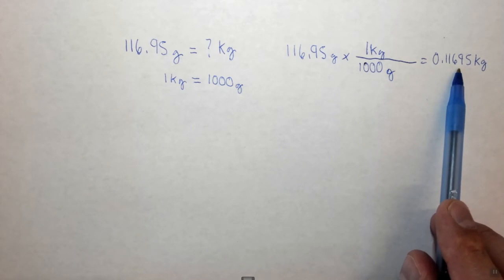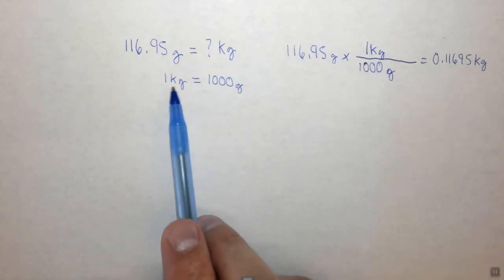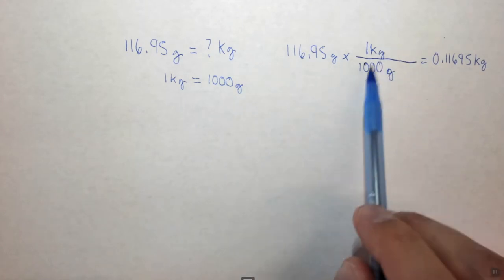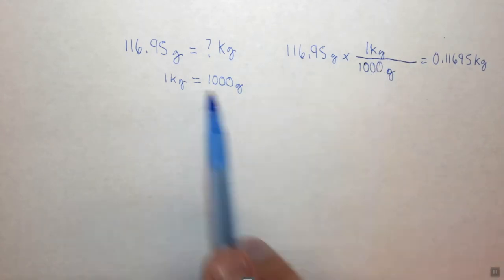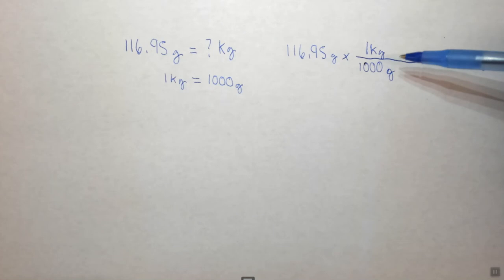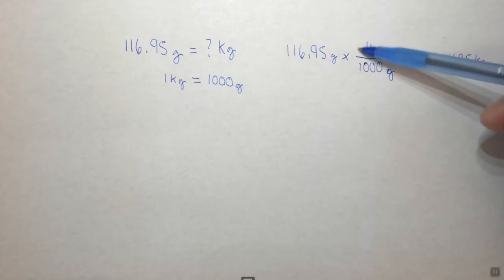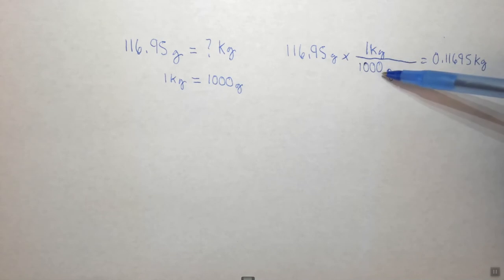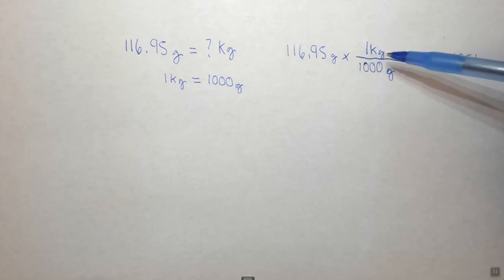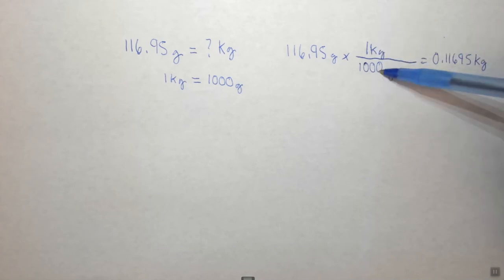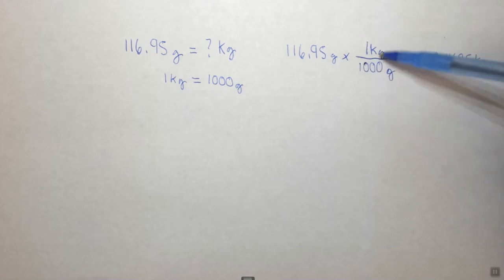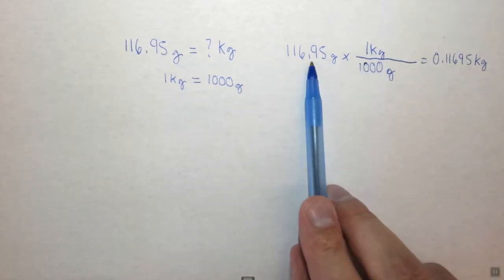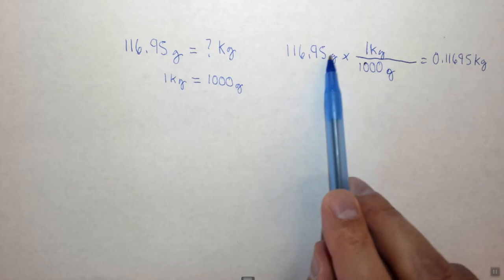Let's think about why. Well, we said that dimensional analysis always starts with an equality. So 1 kilogram equals 1,000 grams. Now we put one equal unit of measure over another equal unit of measure. Said another way, we have an equal magnitude divided by an equal magnitude, or this is 1. We then multiply this by 1.